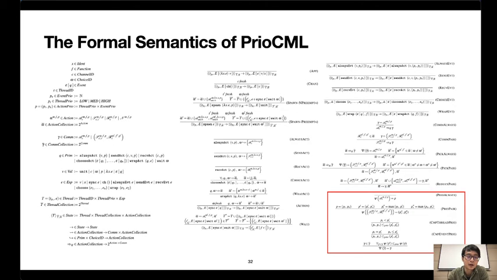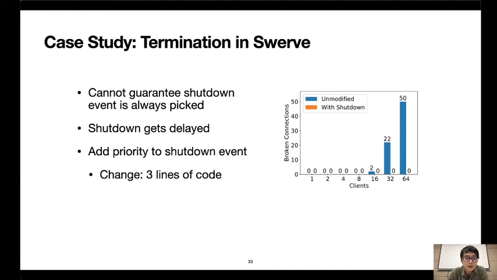Let's see a case study on termination in Swerve. Swerve is a web server. It's entirely written in CML, and the current issue in Swerve is that it cannot guarantee a graceful shutdown.